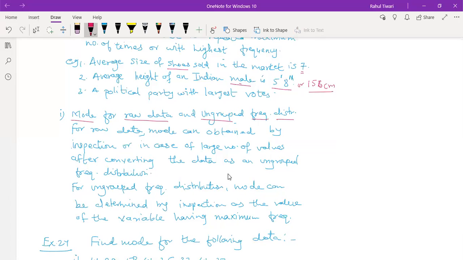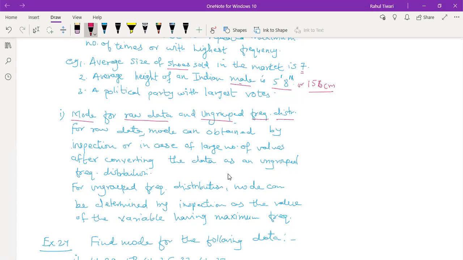There are two ways. If you have very large data, you find out how many times each observation repeats. For example, 10 is repeating 20 times, 12 is repeating 15 times, 15 is repeating 16 times. You can convert the data into a frequency distribution table as we have seen in unit 1, and then get the mode from that table.